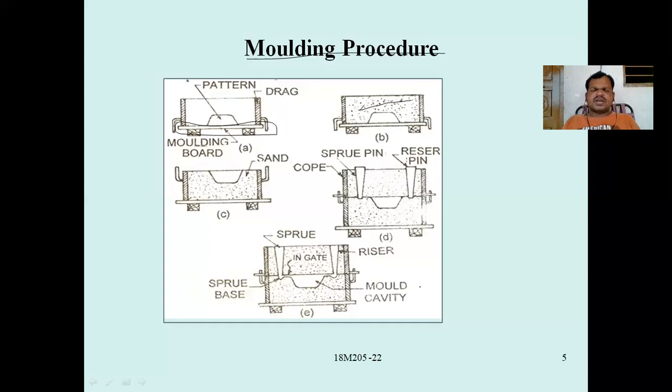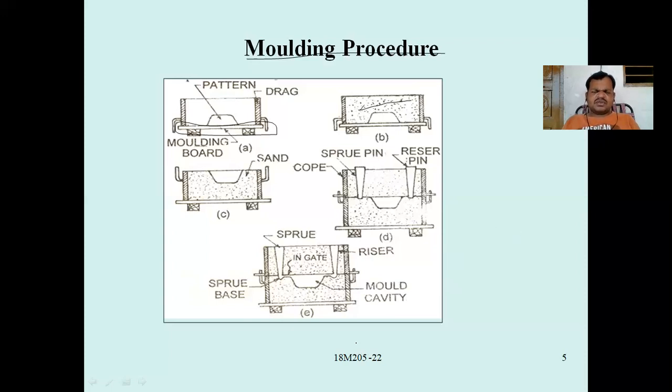In case we are not providing that riser, then what will happen? We cannot identify whether it is filled or not. In case it is not filled completely, we cannot get a good surface finish of the object and accurate shape of the object. So that's why we are providing runner as well as a riser.